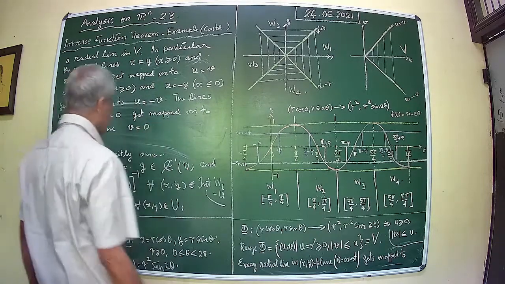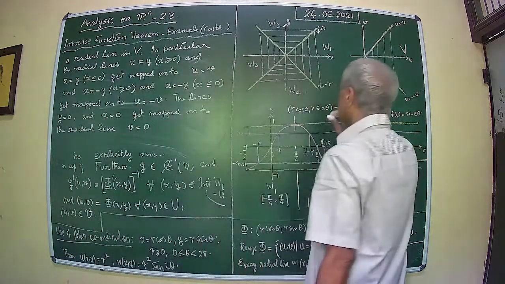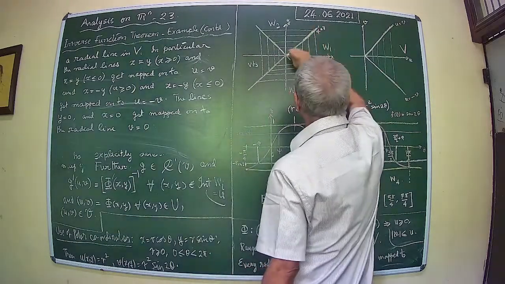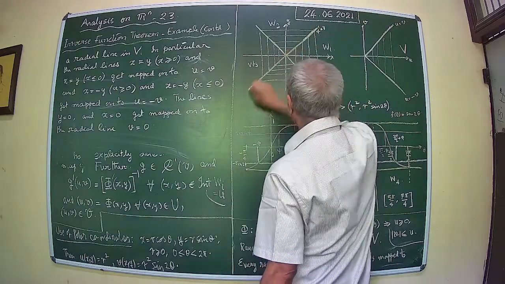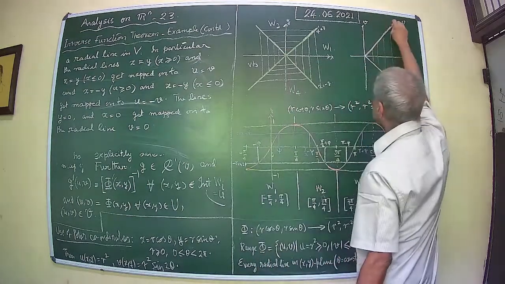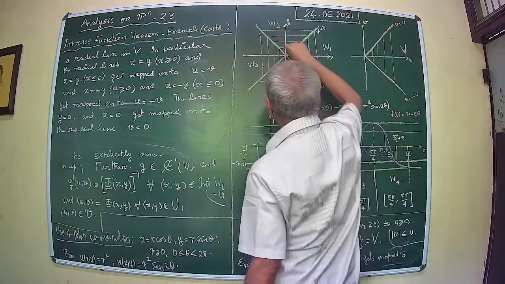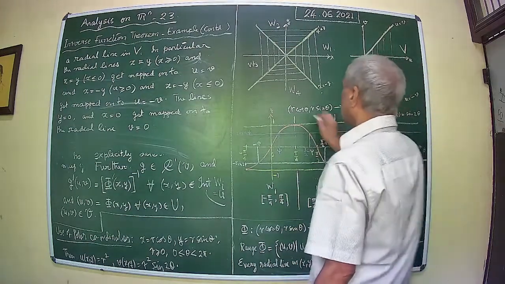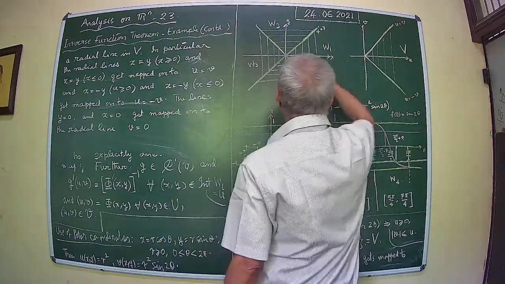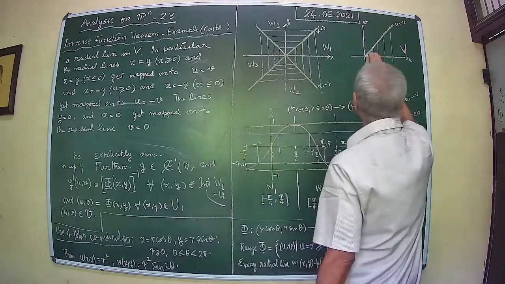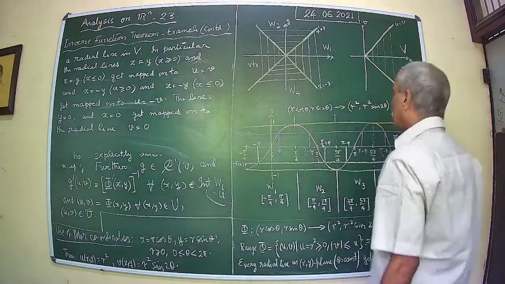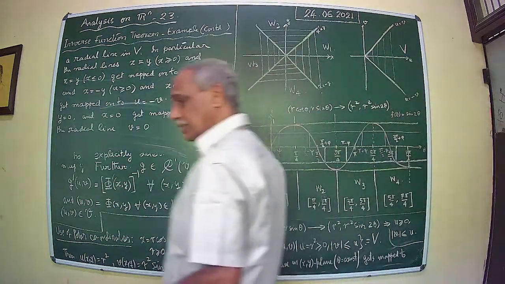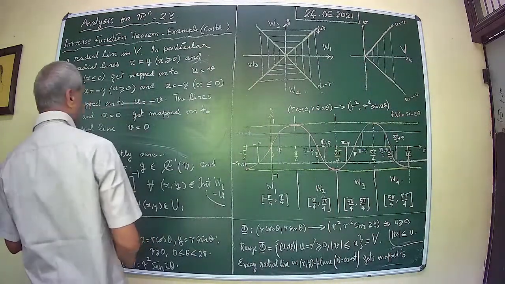That means what I mean to say is, this portion as well as this portion get mapped to this, and this part as well as this part get mapped to this portion. Further, this whole line and this whole line get mapped to the radial line v equal to 0. That's a very interesting piece of information.